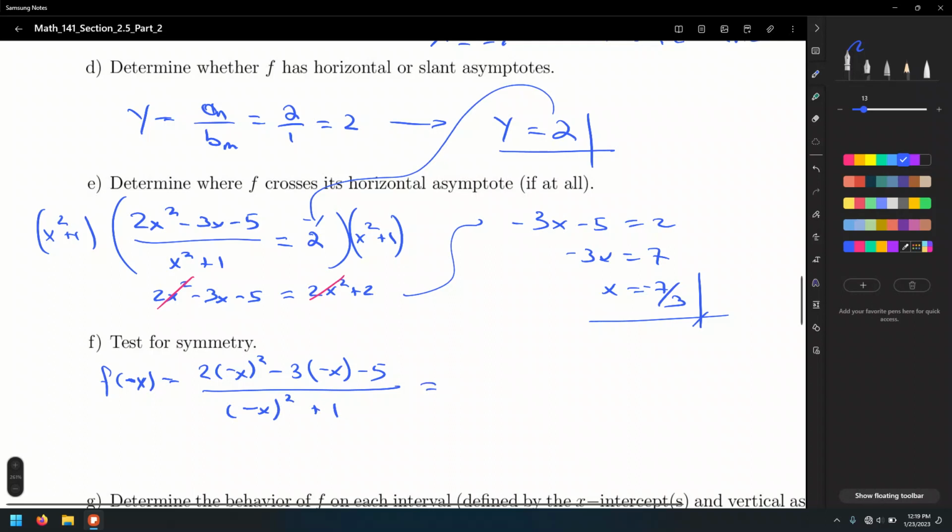Let's see what we get here. These two terms squared, when we square a negative, it goes back to positive. That's a 2x squared, and here plus 3x minus 5 over x squared plus 1.